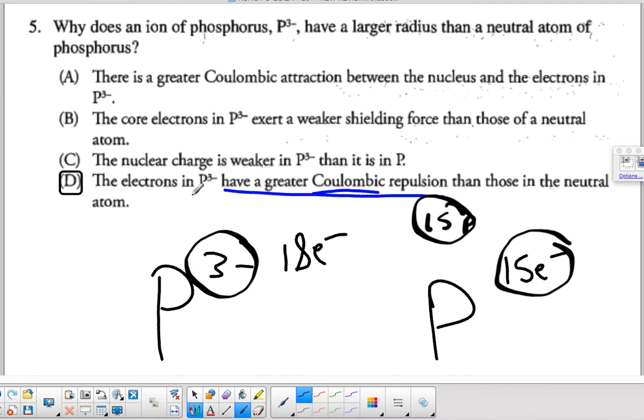So in P3-, the greater the number of electrons you have, the greater the repulsion, because there's a natural repulsion. That's why electron clouds get bigger. When you add electrons, the more negative something becomes, the larger it's going to be, because you're increasing the Coulombic repulsion between the electrons. More electrons means more repulsion between each other as far as atomic size. It's referring to atomic size in that case.